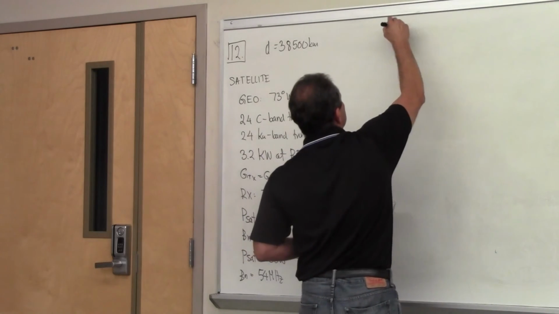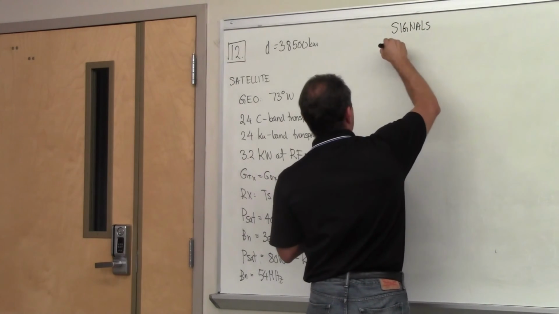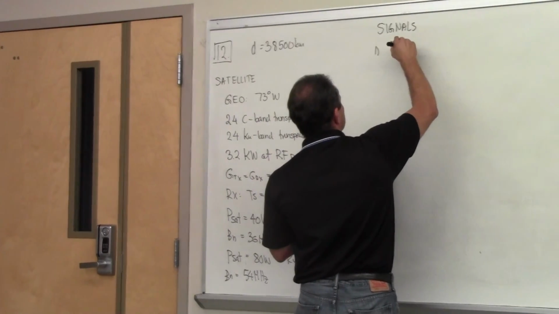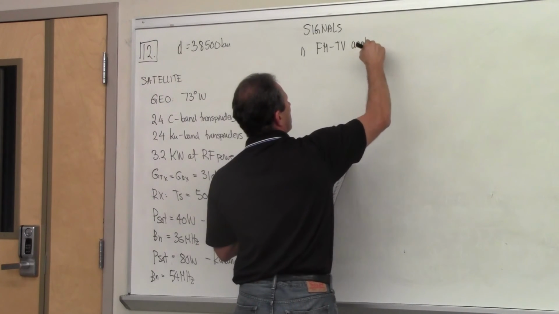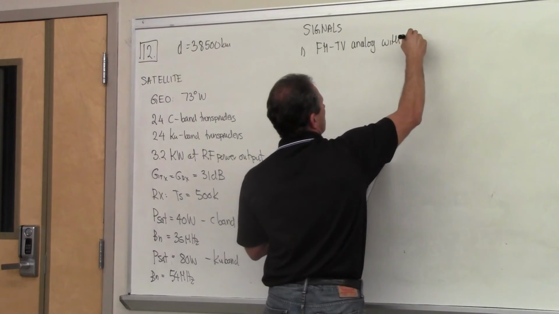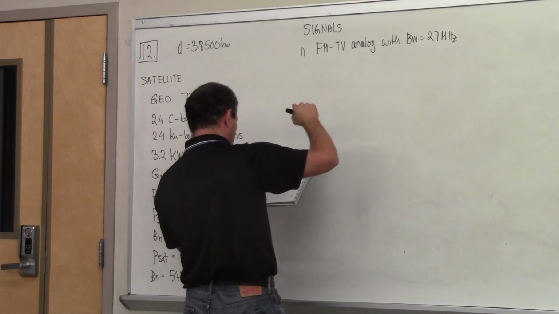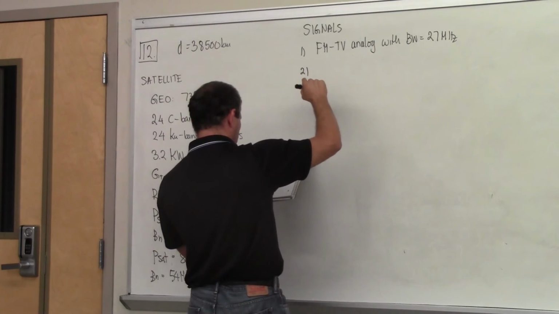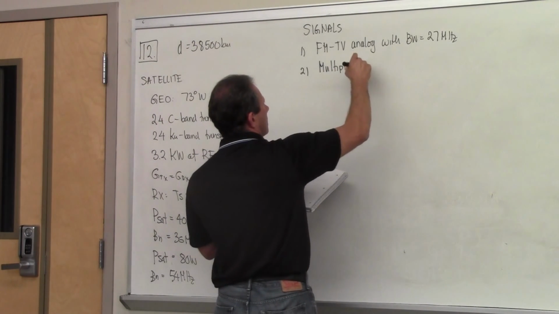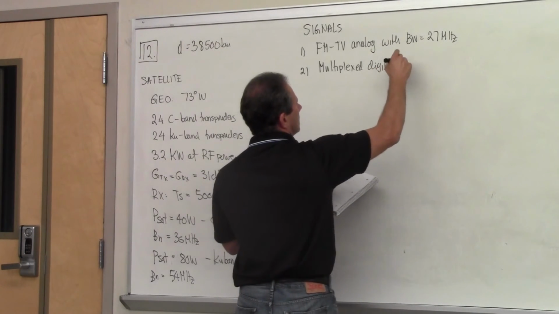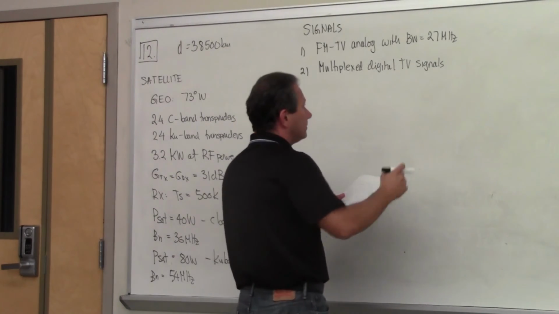And then for signals, or sometimes referred to as waveforms, I have FM TV analog signals with bandwidth of 27 megahertz, and multiplexed digital TV signals with QPSK.